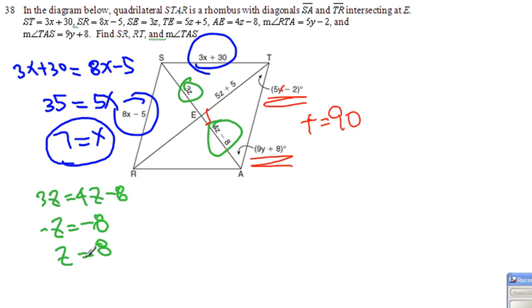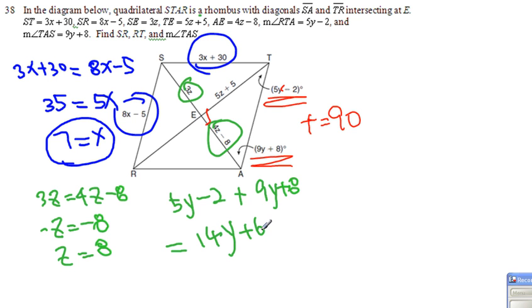Positive 8. Now, we are looking at the red one. Since they add up to 90 degrees, we have 5y minus 2 plus 9y plus 8. That must be equal to 14y plus 6, which ends up in 90. And by subtracting 6, we have 14y must be equal to 84.